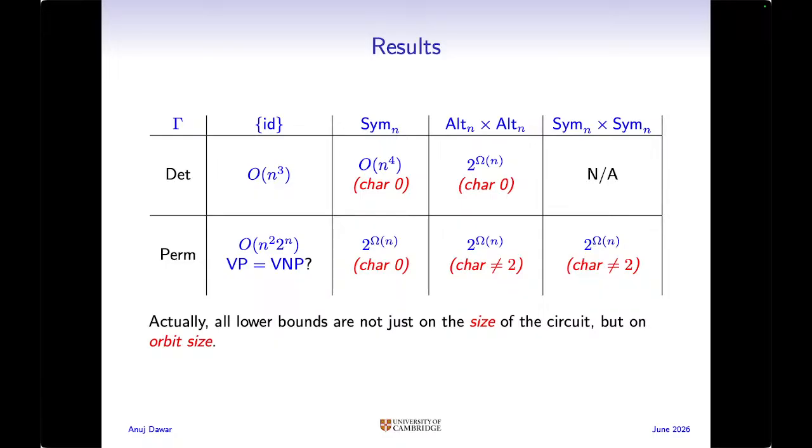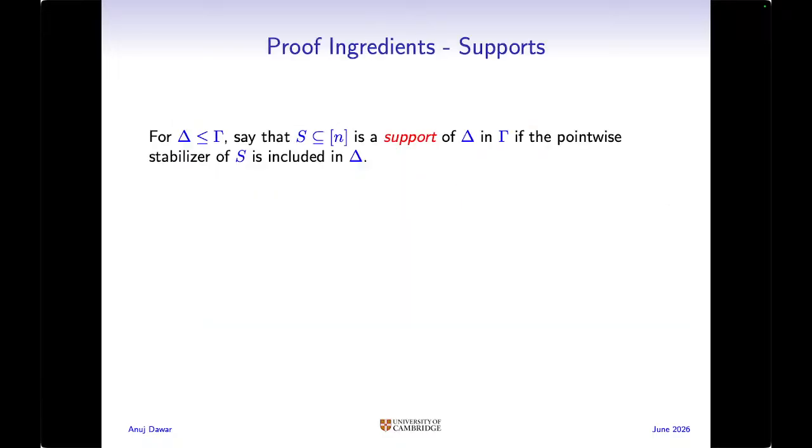So, proof ingredients for this. The first thing is a notion of support. Say you have a permutation group delta, a subgroup of gamma. And gamma, remember, is a subgroup of Sym(n) here. We say that a set S, a subset of n, is a support of delta in gamma if any permutation in gamma which fixes the set S pointwise is in delta.